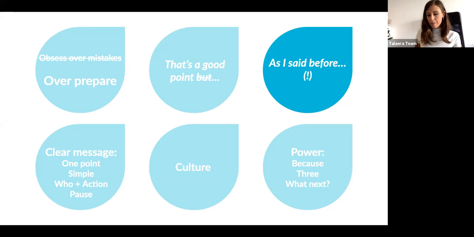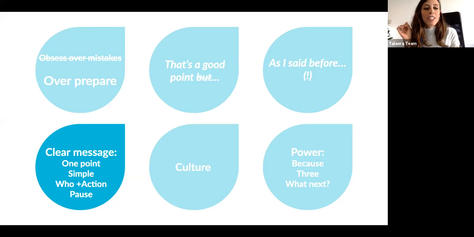So remember that. To deliver a clear message, choose one idea, one point at a time. Pick the simple structure, the simple vocabulary, and the simple message. Start with who and add an action, and use pause.